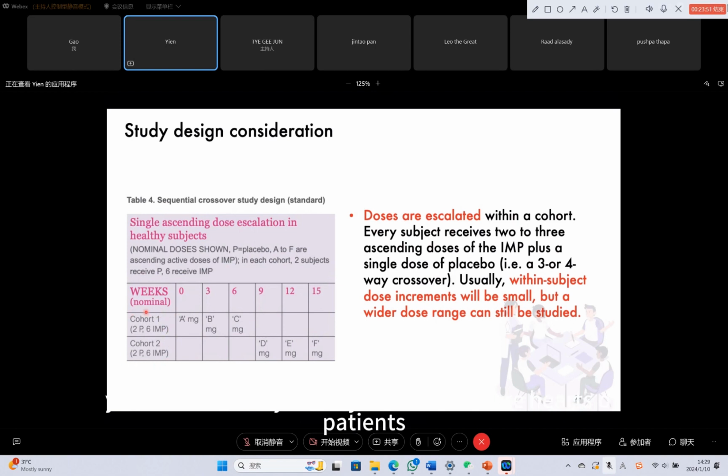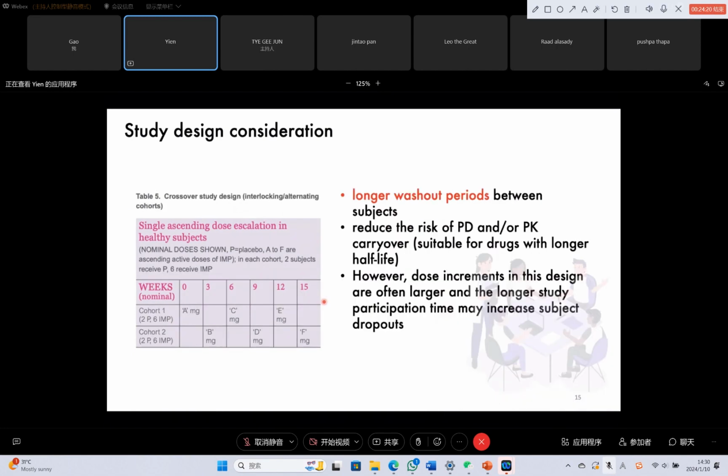Here you can see that you only recruit 2 cohorts of patients as subjects, as compared to the previous study design where you recruit 6 cohorts of patients. So this will reduce the number of subjects that you are recruiting. Usually within subject, dose increments will be small when you give the drugs, and a wider dose range can be studied with this kind of sequential crossover study design.